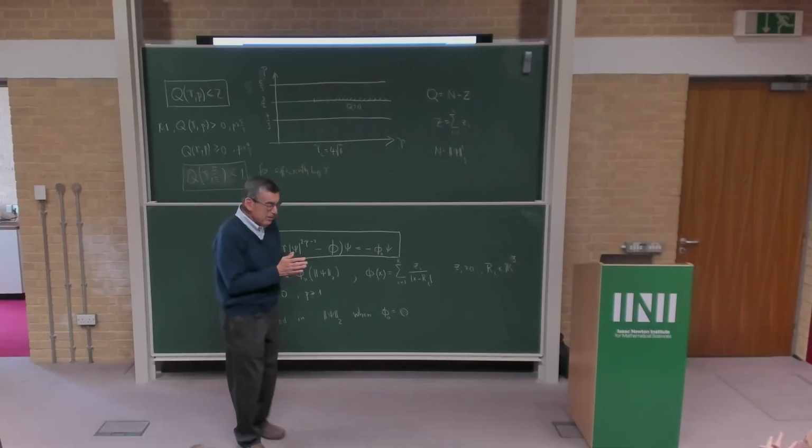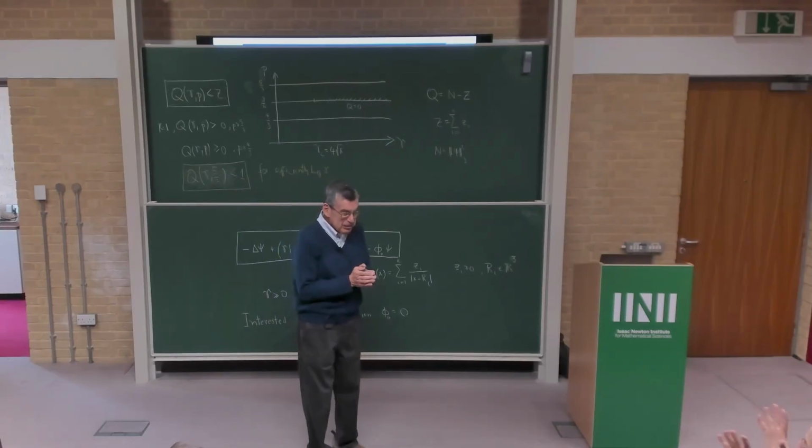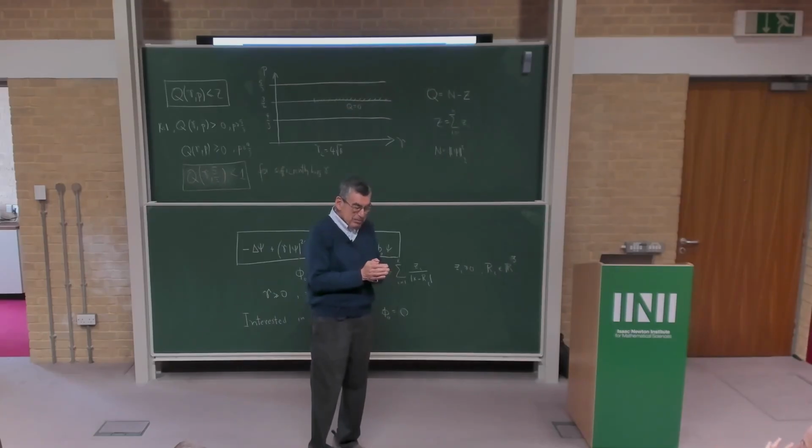Well, you think the answer is 1? Nobody has ever seen a negative ion with more than 1 electron in the lab.